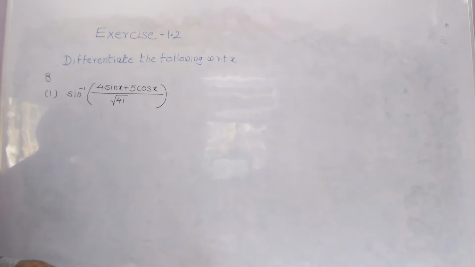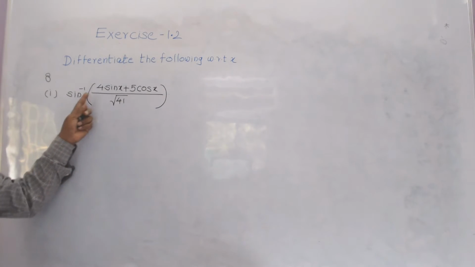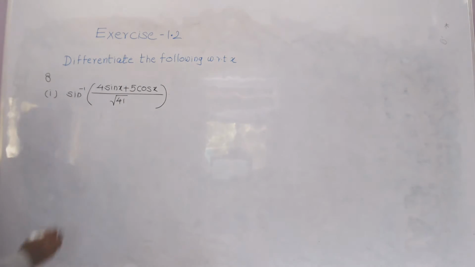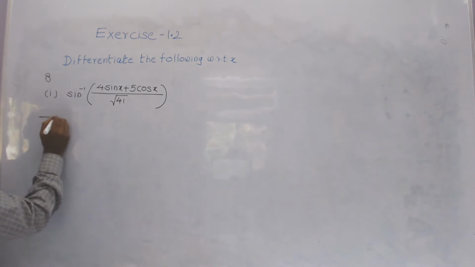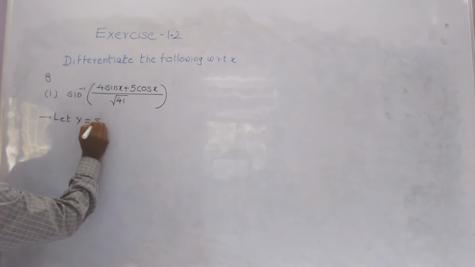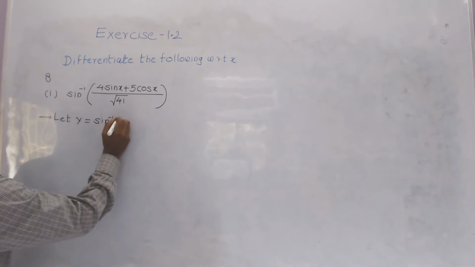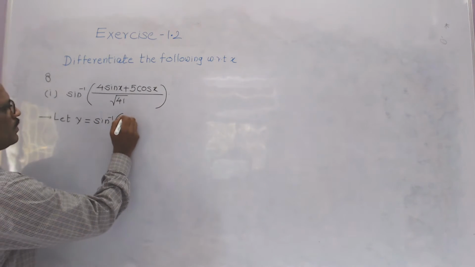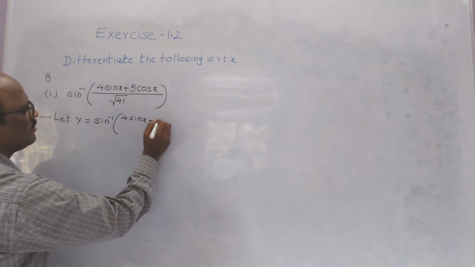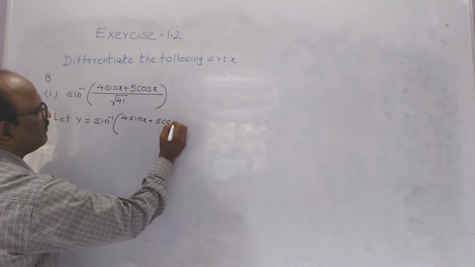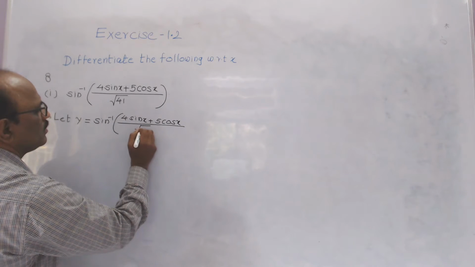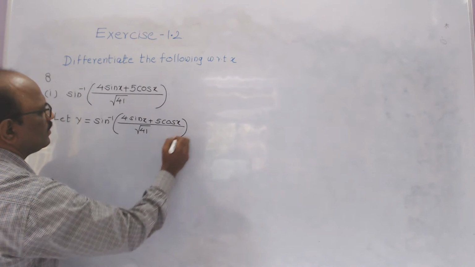Now see this here, next problem: sin inverse of 4 sin x plus 5 cos x upon root of 41. Now here let y is equals to sin inverse of 4 sin x plus 5 cos x upon root of 41.